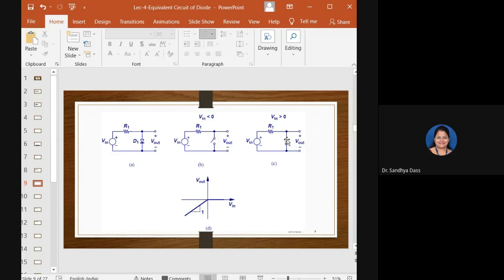Of course, there will be some drop that would be measured at Vout, but ideally, I'm talking about the ideal condition, assuming that when the diode is conducting, the voltage drop across the diode is 0. So the output voltage you measure will be approximately equal to 0.